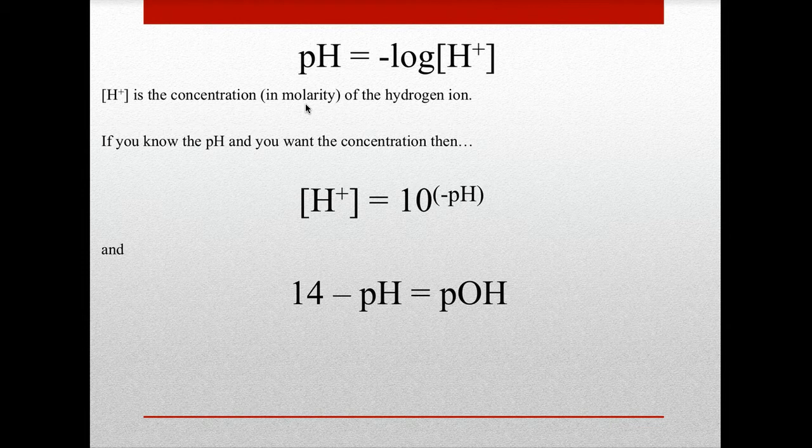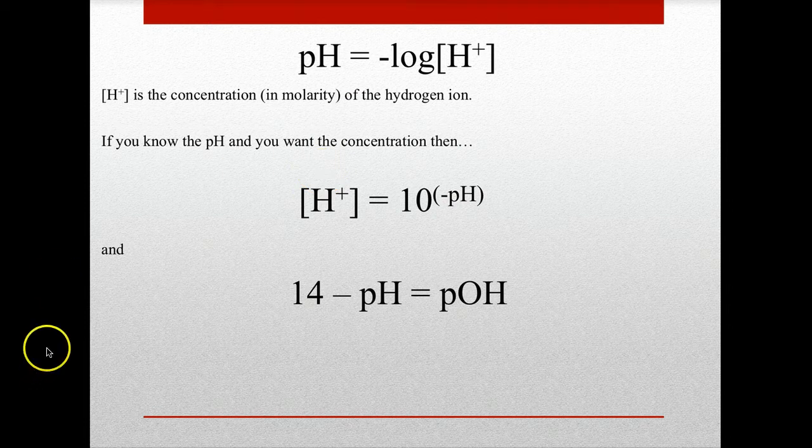The unit for molarity is the capital M. So if you know the concentration of the hydrogen ion, then you can plug it into this formula and you can calculate what the pH is. Okay, now on the other hand, if you don't know the concentration but you do know the pH, then we can rearrange this formula to get this formula, and then we can plug in the pH to find the hydrogen ion concentration.